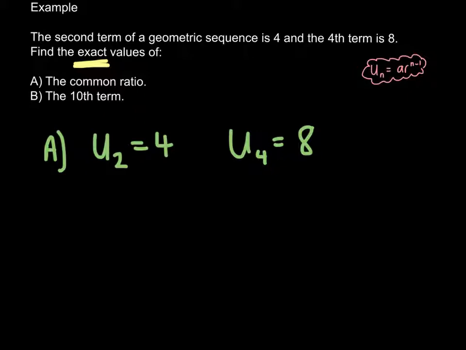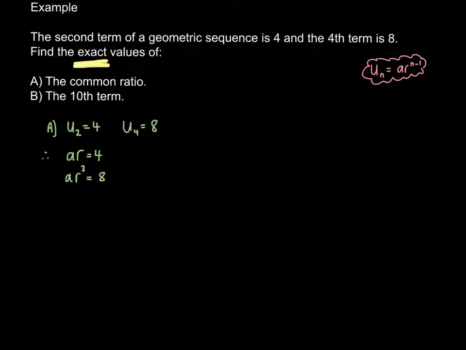So we can create two equations basically. The second term is going to be AR, so AR is equal to 4. The fourth term, remember 4 take away 1 is 3, so it'll be AR to the power 3 is equal to 8. Right, so this is a slightly more difficult simultaneous equation to solve.